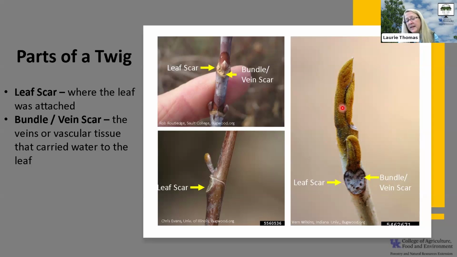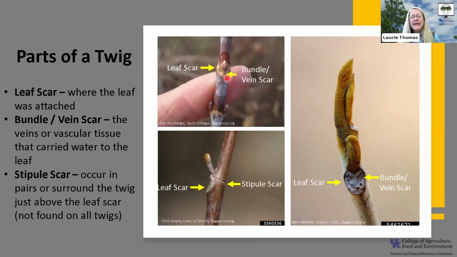This is actually from a hickory, which, if anybody remembers, has a compound leaf. So it's a much larger leaf, made up of multiple leaflets, unlike this species right here. And then we've got stipule scars, and those occur in pairs or they'll surround the twig just above the leaf scar. I'll note that they're not found on all twigs.